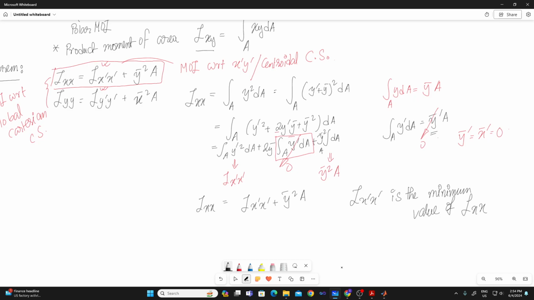That means you can choose the origin anywhere in the space, the lowest value of the area moment of inertia you would get is with respect to the centroid, because both of these quantities are greater than 0. So this quantity right here is greater than I x prime x prime in general. So that tells you that this quantity would be minimum when you evaluate this with respect to the centroid. Such is the case with y prime as well.